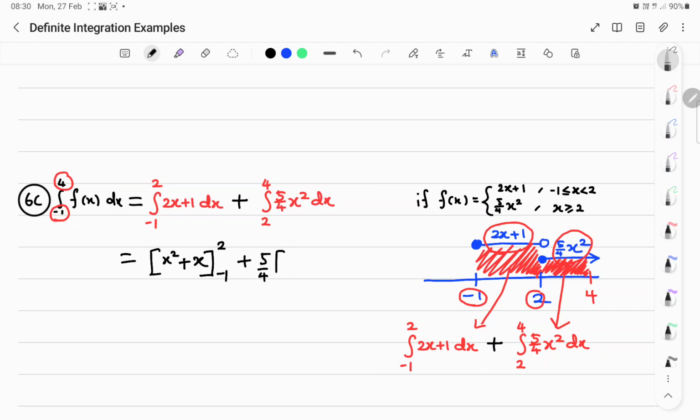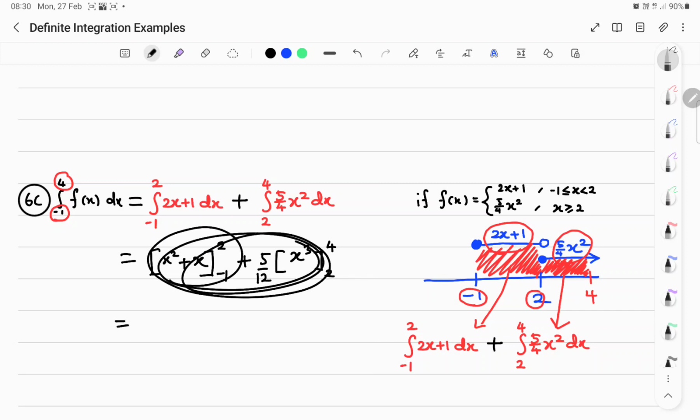So 5 over 4 outside. That leaves us with x squared over 2, so x squared over 2 is x cubed over 3. And actually this over 3 also can be put outside to become 5 over 12 here. And then don't forget to put the upper and lower limit for 4 and 2. Now next what to do? Replace all x's here with empty bracket and fill them up with the upper limit and the lower limit respectively.